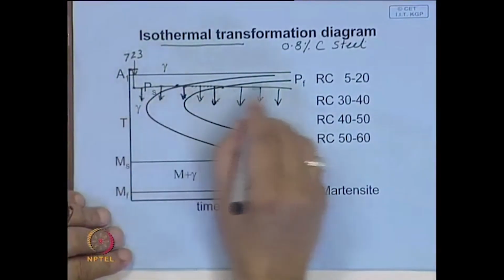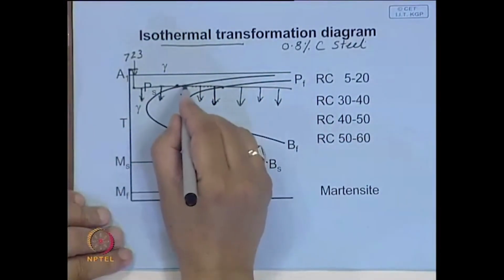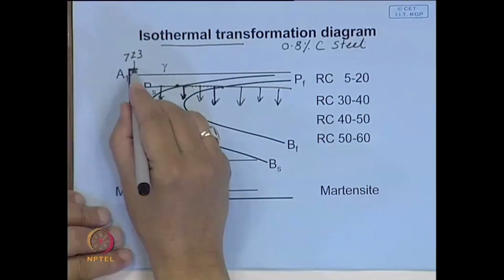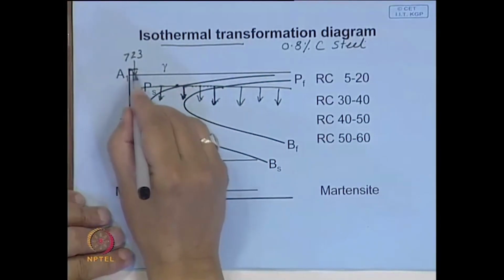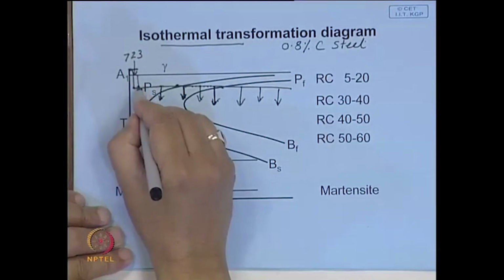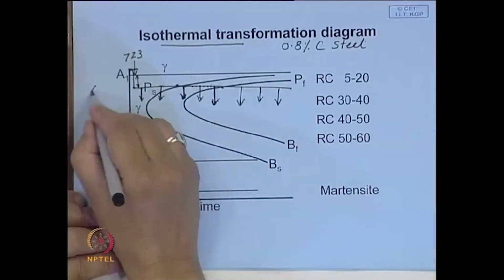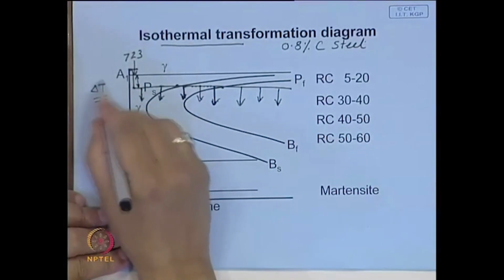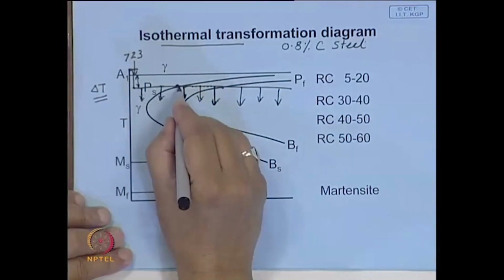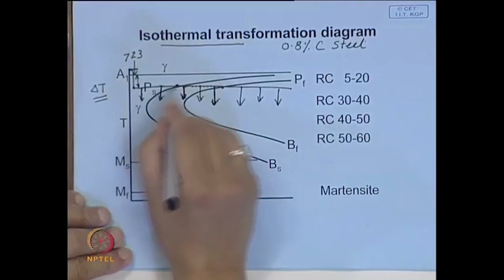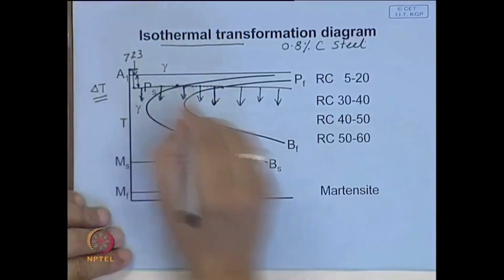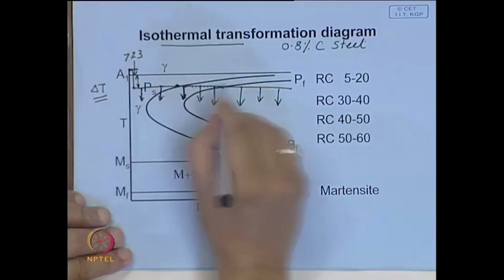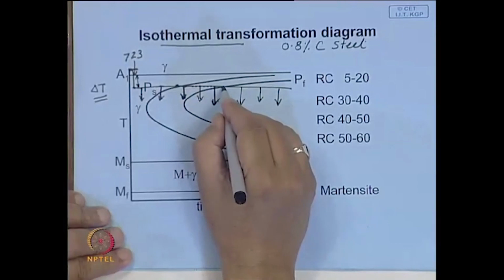And from this type of experiment what you can find is that when you cool it to a particular temperature there is a certain amount of undercooling. Let us say this undercooling is delta T. Now, we see that for different delta T the transformation starts at a specific time and it is completed after a specific time.